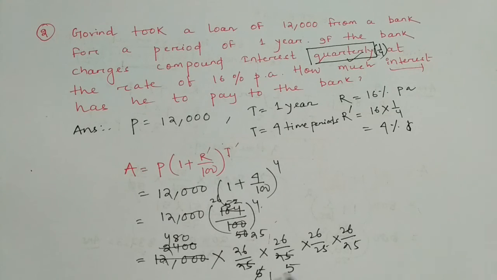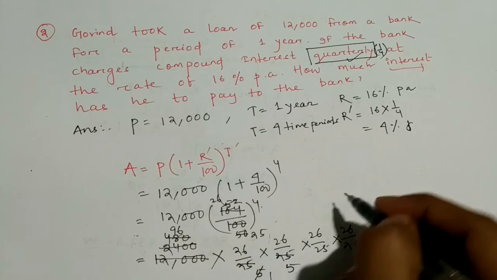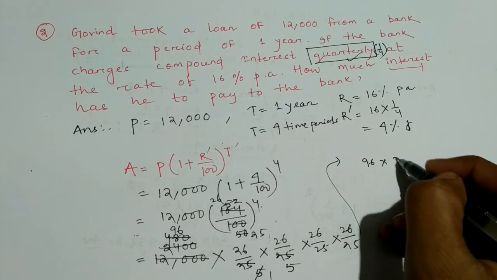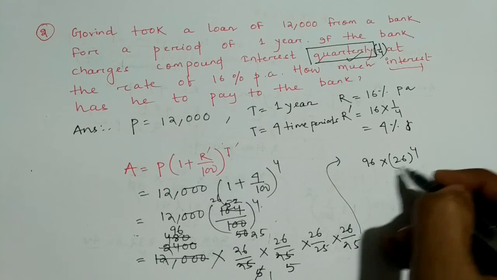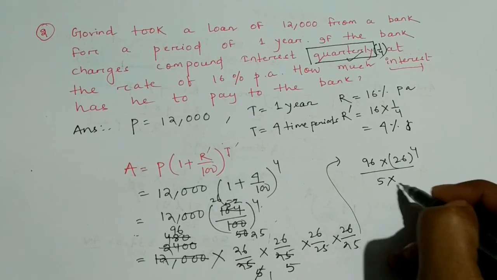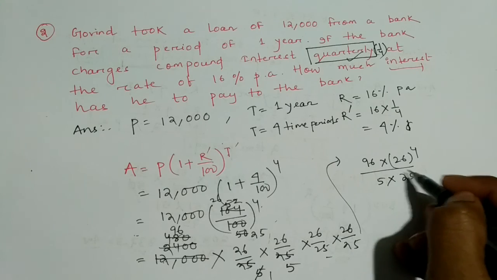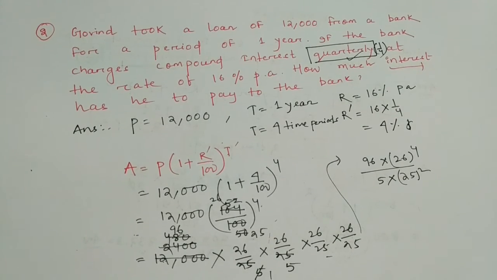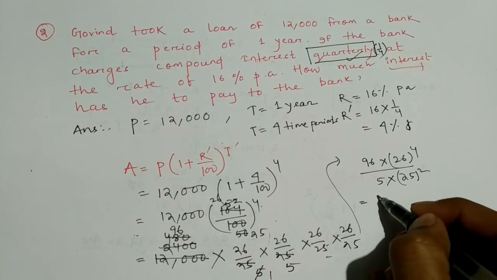So 5 5s are 25, 5 9s are 45, 6 5s are 30. So this answer will be like this: 96 into 26 to the power 4 divided by 5 into 25 square, that is 625. You can also write it that way. So by solving this, we get our final answer.